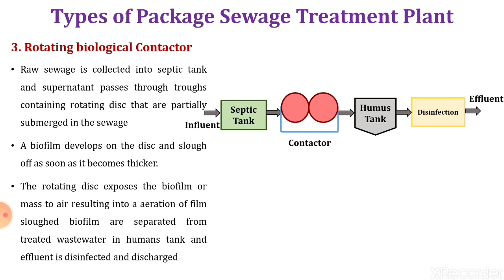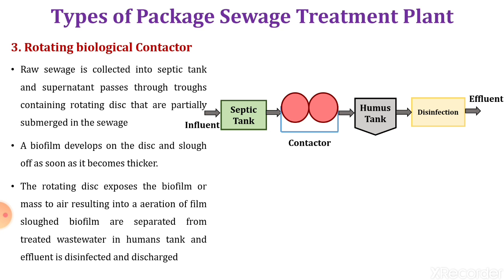The rotating disc exposes the biofilm or mass to the air, resulting in aeration of the film. Sloughed biofilm is separated from the treated wastewater in the humus tank, and the effluent is disinfected and discharged. Same as the attached growth process, here the rotating discs are provided.